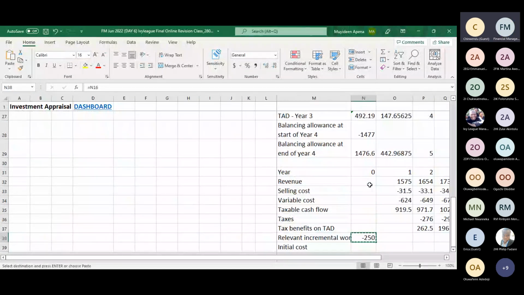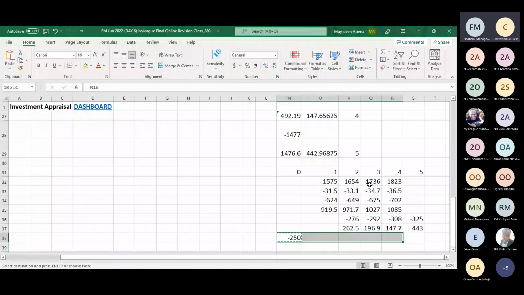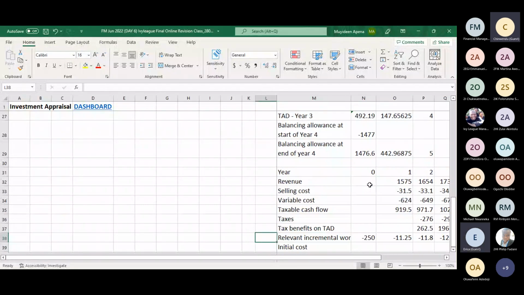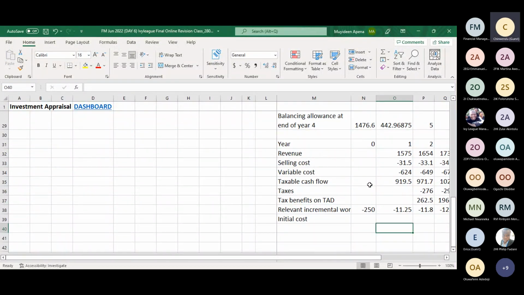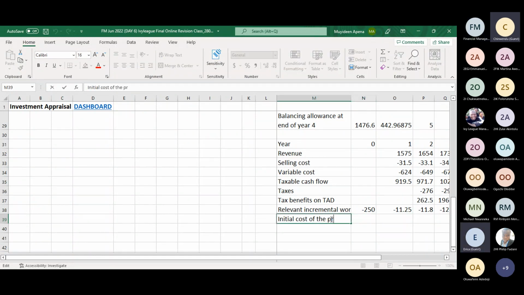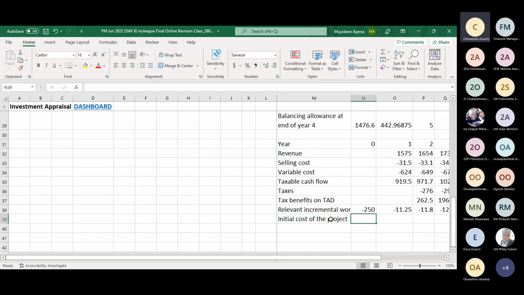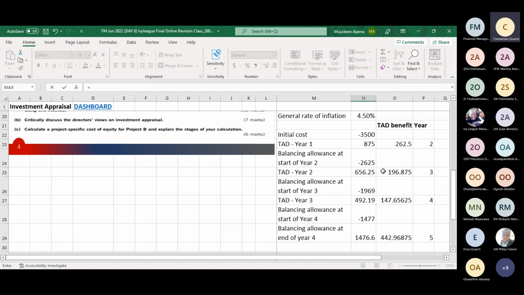And then we also bring in the other ones as we have done their calculations. Initial cost of the project itself. Bring it in 3.5.